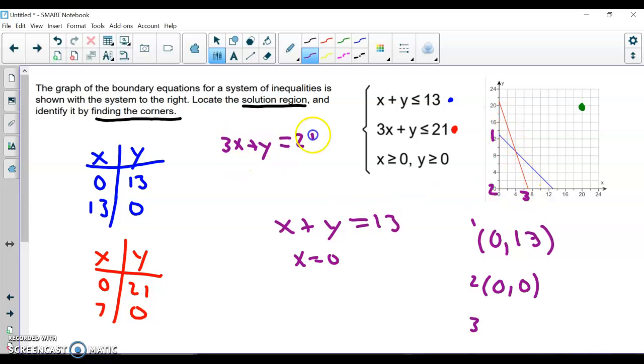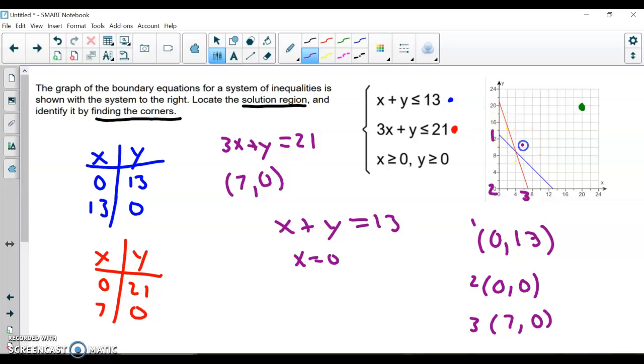Remember, we'll just use an equal sign for the line itself. The intersection of the red line and the horizontal line, y equals 0. Y is 0 anywhere on this x-axis. So if we make y 0, notice x has to be 7. And again, that's one of the points we came up with when we graphed it by hand. So 7, 0 is the third corner point.